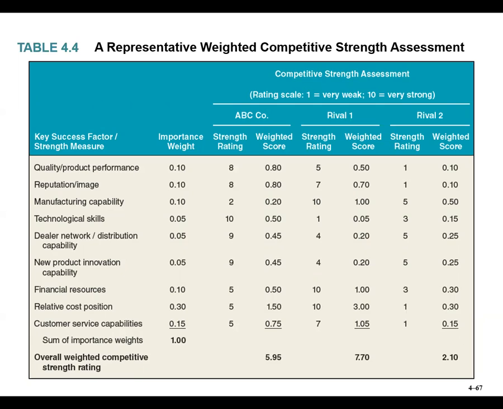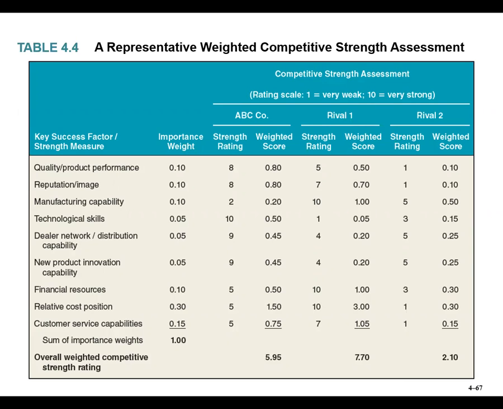Quality, we think, is 10% important, reputation and image 10%, manufacturing capability 10%, technological skill 5%, network distribution 5%, new product innovation 5%, financial resources 10%, cost position 30%, and customer service delivery 15%. The last two are the most important things, so we made it up to 100%.